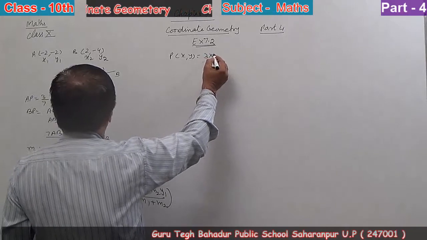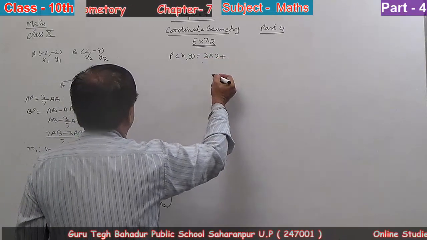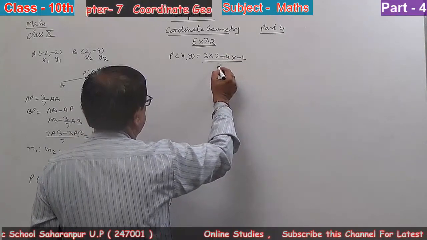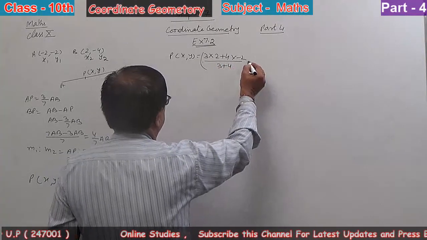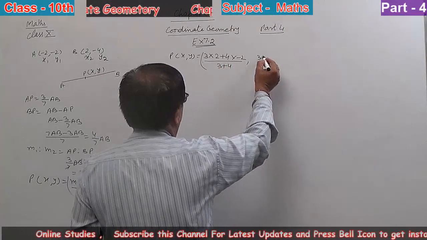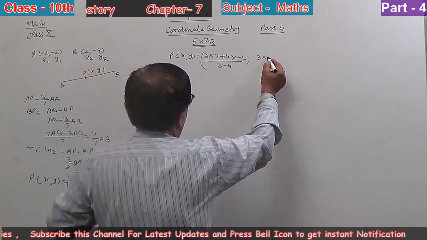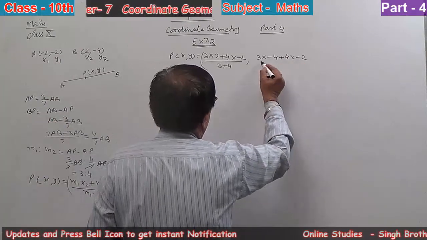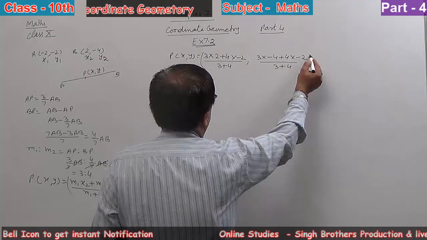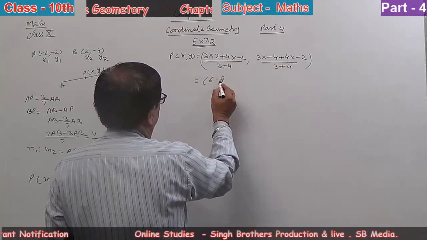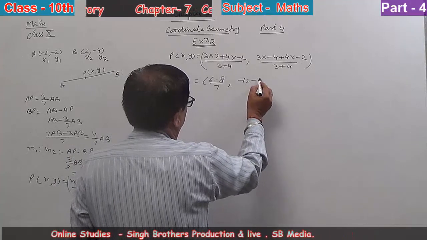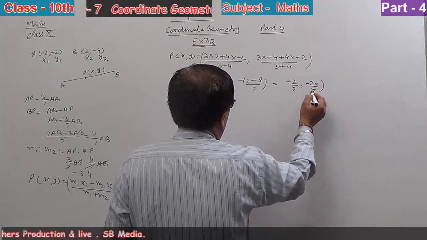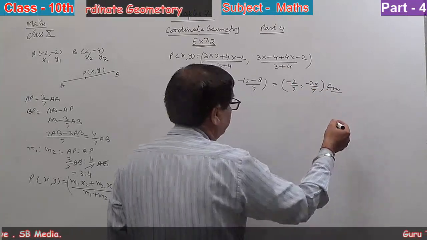So (3 into 2 plus 4 into minus 2) upon (3 plus 4), and (3 into y2, which is minus 4, plus 4 into y1, which is also minus 2) upon (3 plus 4). So it is (6 minus 8) upon 7, (minus 12 minus 8) upon 7, that is minus 2 upon 7 and minus 20 upon 7 is the answer.